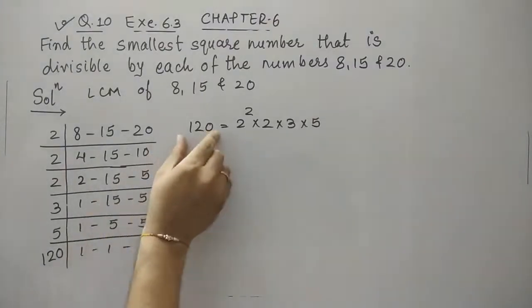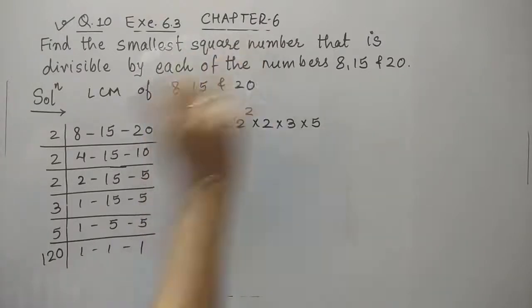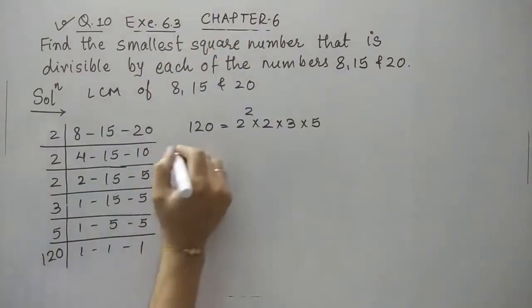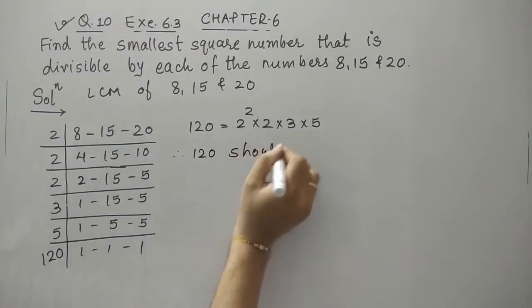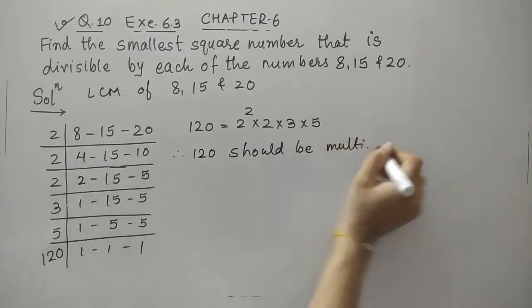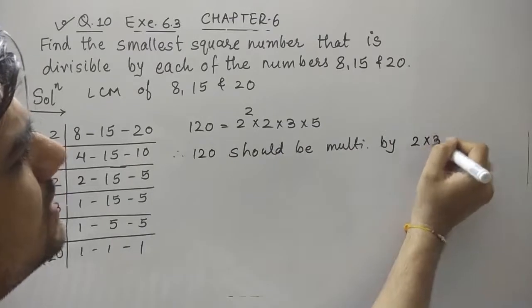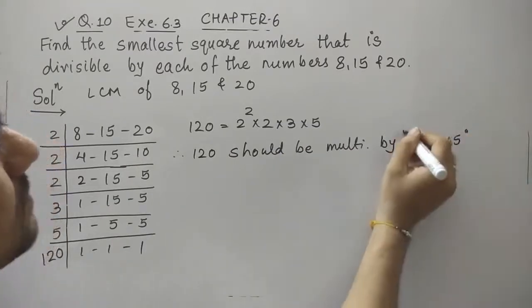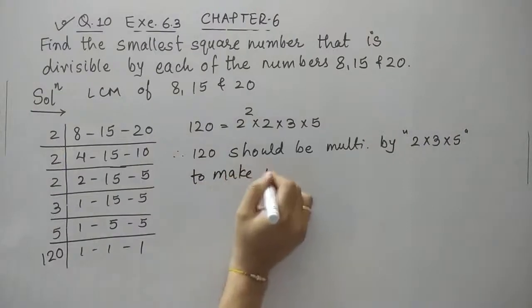Because we have to make it a perfect square. Reason? Smallest square number. So we can say that 120 should be multiplied by 1 time 2, 1 time 3 and 1 time 5 to make it perfect square.